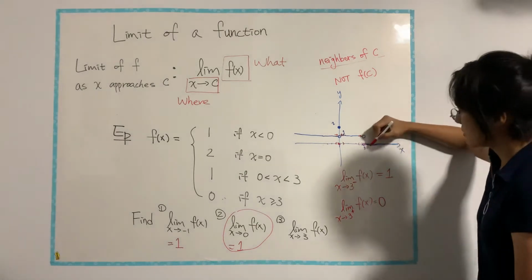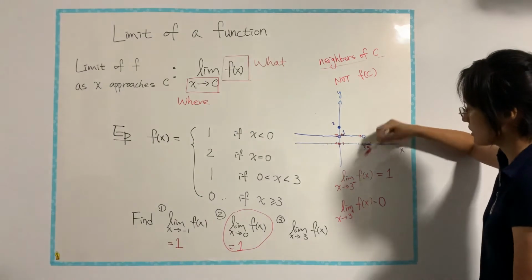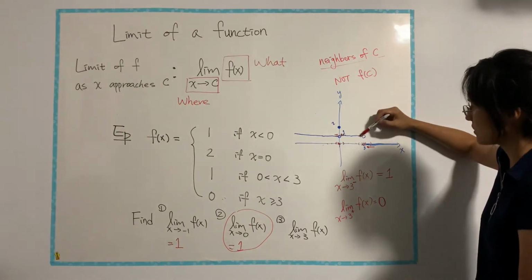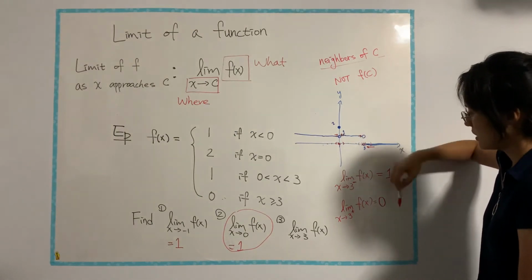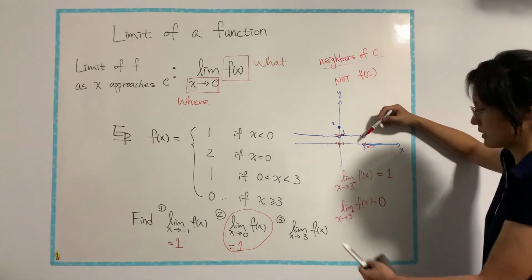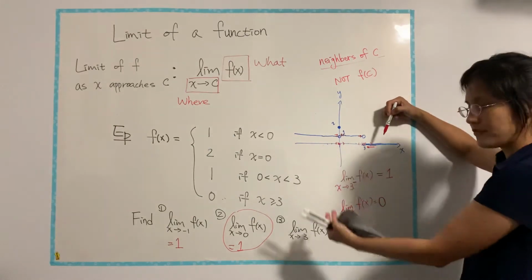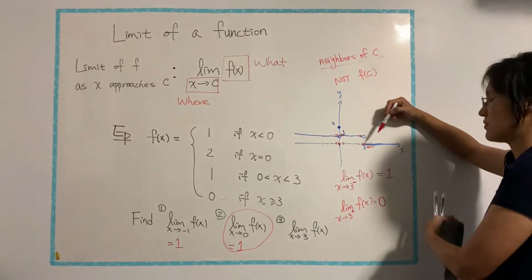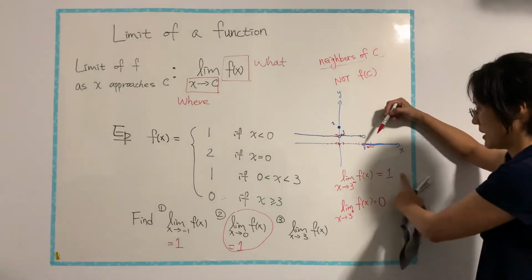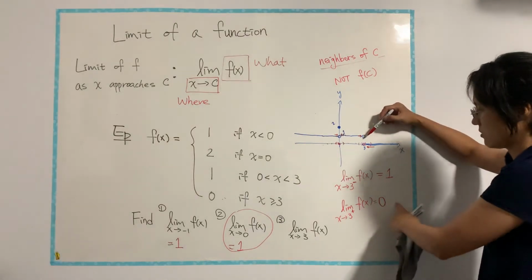Okay, so now what do you see? When x approaches 3 from the left, you see the value 1. When x approaches 3 from the right, you see the value 0. So they do not match. The limit from the left hand side and the limit from the right hand side do not match. One side gives you 1, the other side gives you 0.